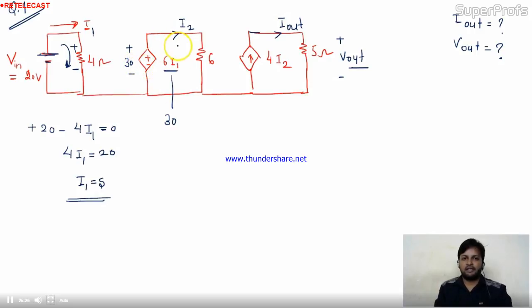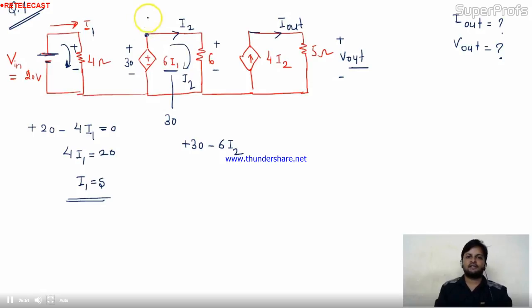Now again apply KVL here. In this mesh, your current is I2. I'm starting from here and getting plus 30. Moving forward in the circuit, I get a voltage drop, the direction of the voltage drop will be like this, and the drop will be 6 I2. Is it okay? I'm coming back again.